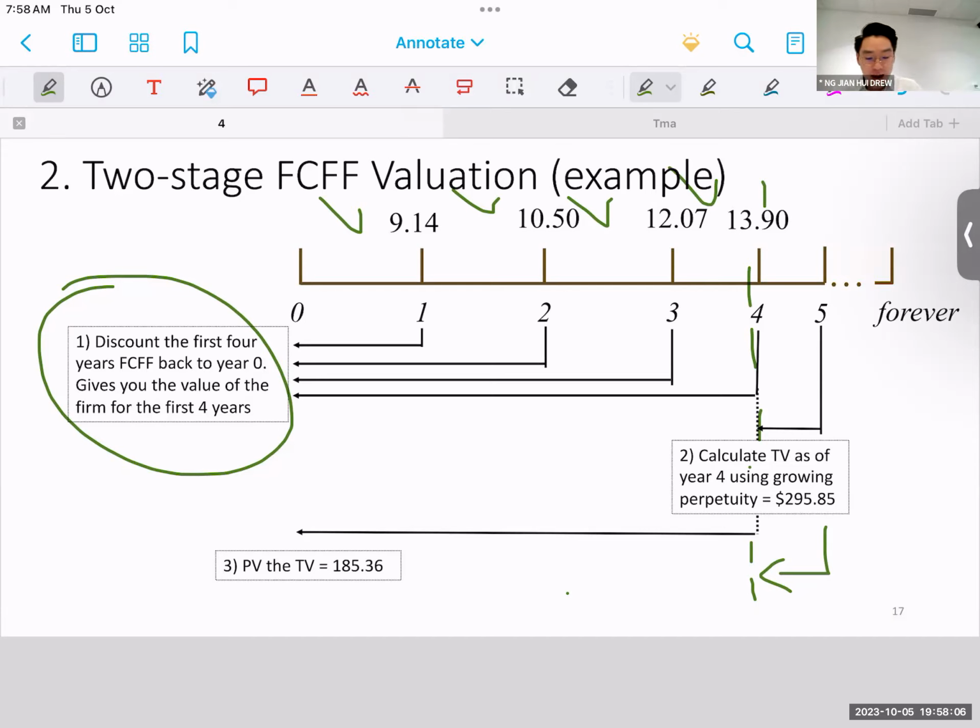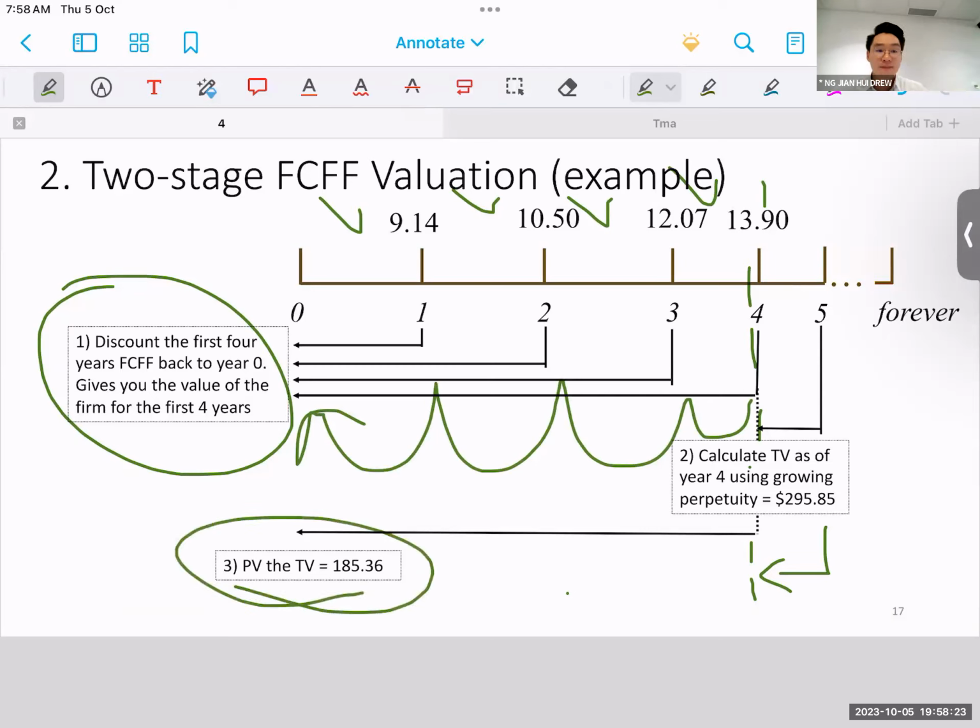Which is why when we calculate this at year 5, the TV is at year 4, right? So it means we only need to discount it by how many years? 1, 2, 3, 4. We need to discount it by 4 years. That's how we get this.